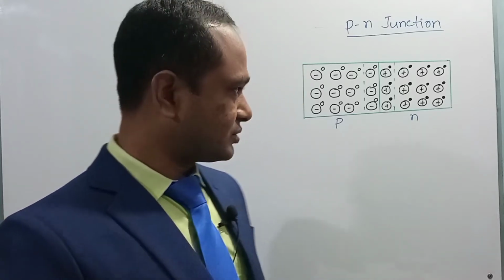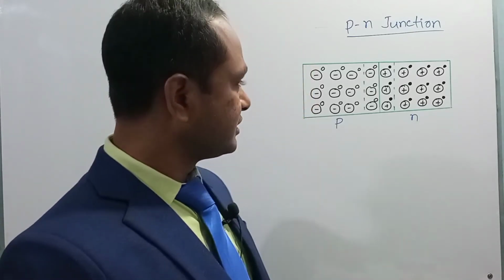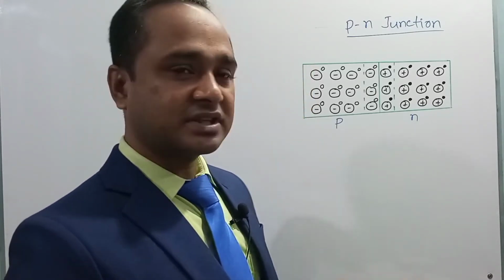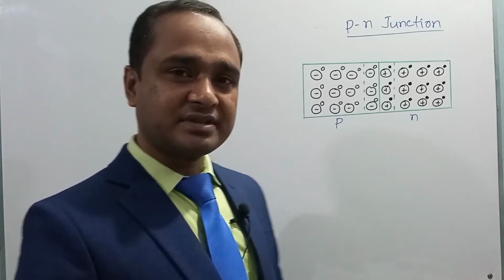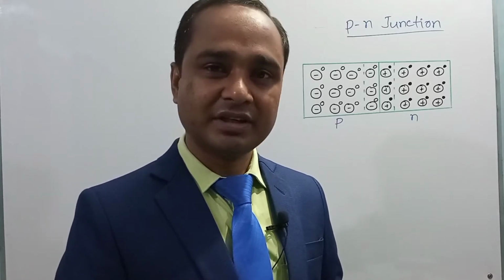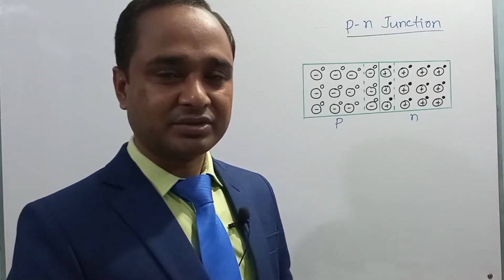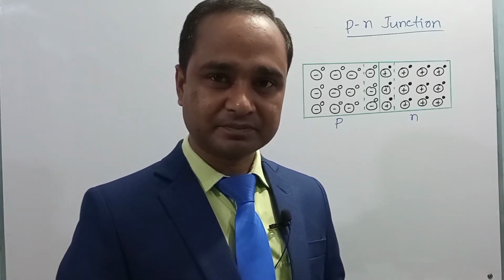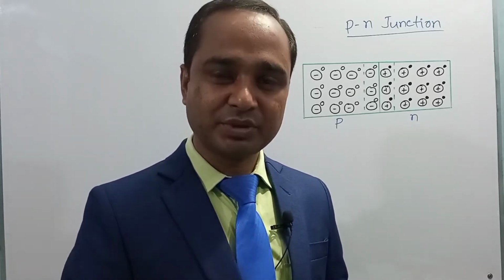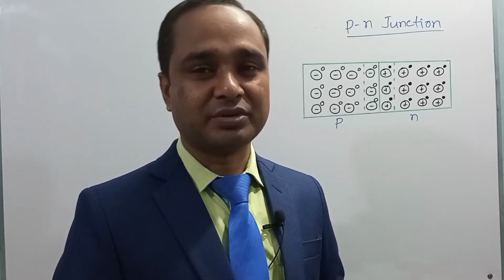To increase the conductivity, we use some impurities like trivalent atoms or pentavalent atoms with the pure semiconductor crystal. This process is called doping. That is, the process of mixing impurities with the pure semiconductor is called doping.